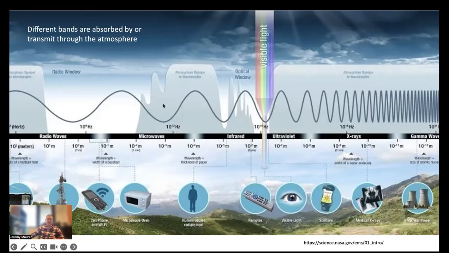Radio is one that gets transmitted pretty well. And you can see here this area between visible light and microwaves. This area here is where a lot of our radar wavelength sensors are located. They will specifically put the energy in these specific wavelengths that allow some transmission through the atmosphere.